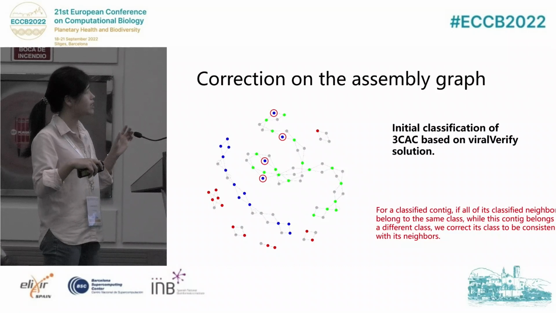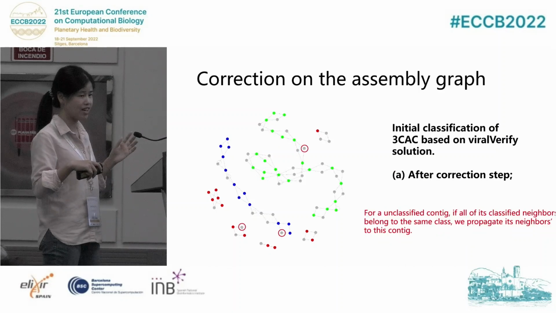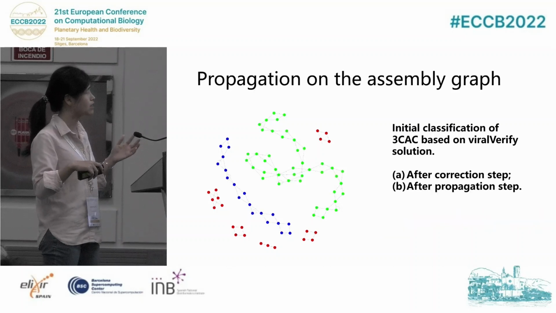We will correct its class to be the same as its neighbors. After the correction step, we check each unclassified contig to see if it has at least one classified neighbor, and all of its classified neighbors belong to the same class. Then we propagate the class of its neighbors to this contig. And here is the result after the propagation step. We can see the result is very similar to the ground truth as we showed previously.